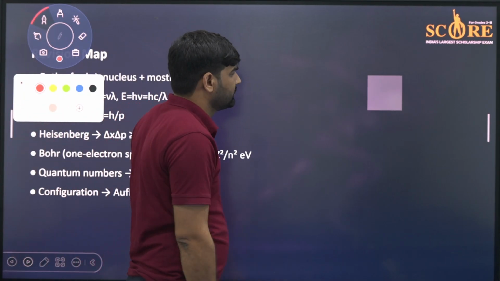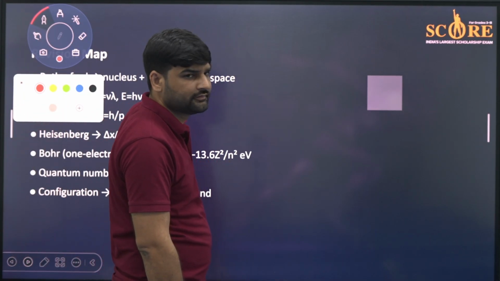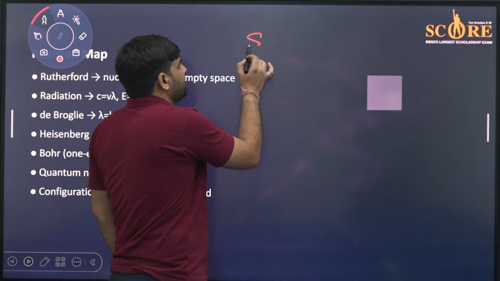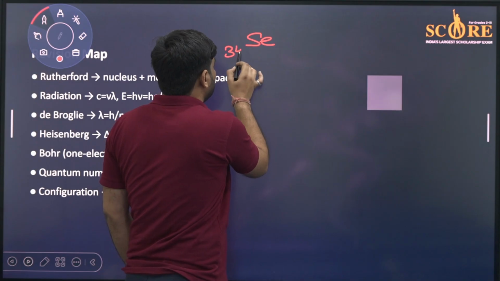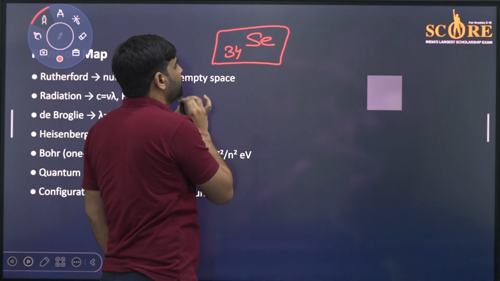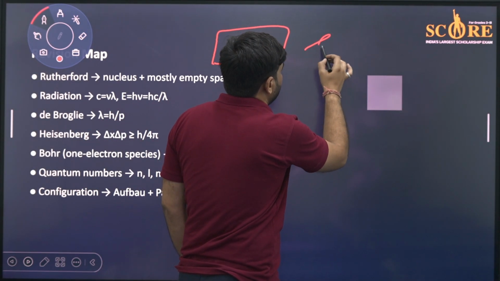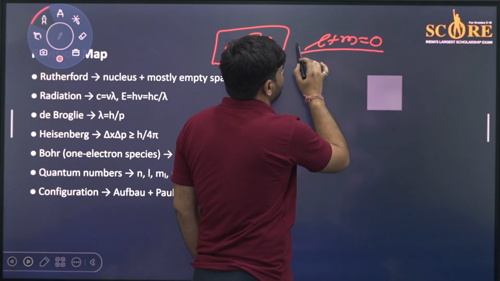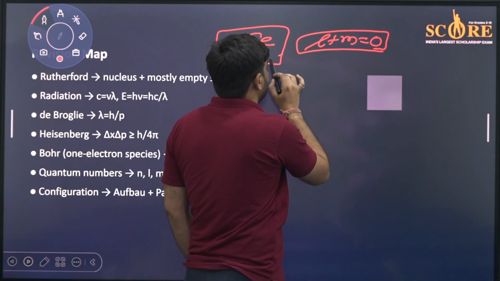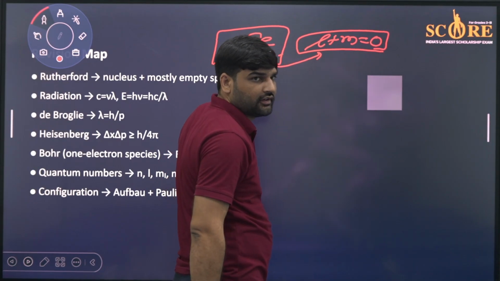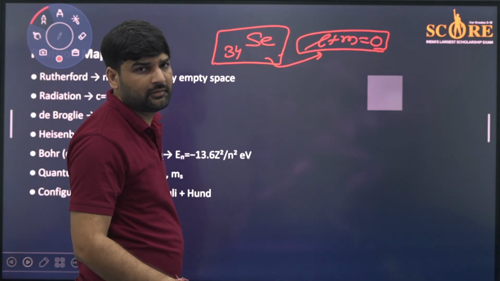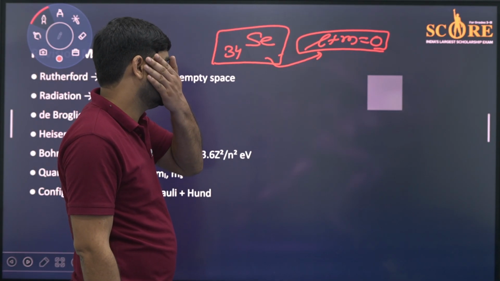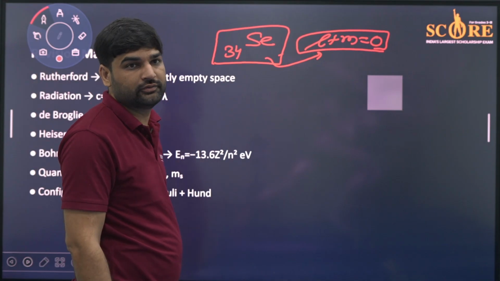Now, next question is: in selenium, Z equals 34, you have to find L plus M equals 0. The minimum and maximum number of electrons which satisfy this equation, which have L plus M equals 0.